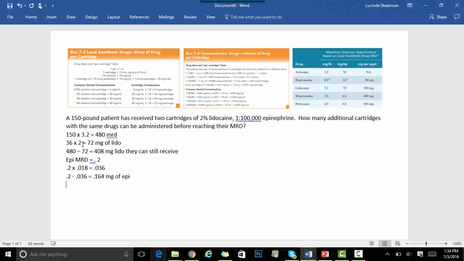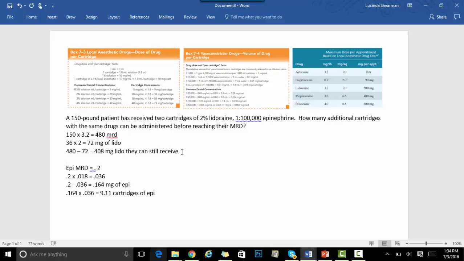Change that to cartridges. 0.164 divided by 0.018 per cartridge will equal 9.11 cartridges. Okay. So they can still receive 408 milligrams of lidocaine. They can still receive 0.164 milligrams of epi. Let's convert this to carpules.